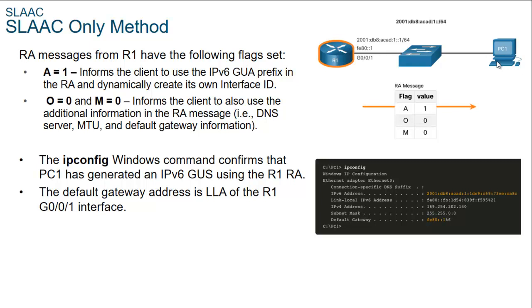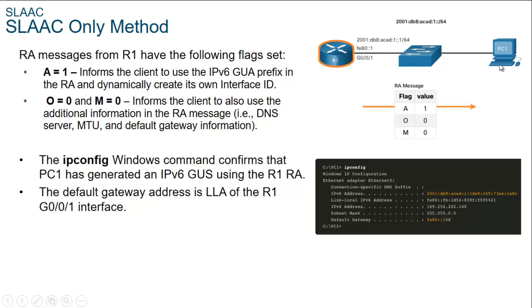The ipconfig Windows command confirms that PC1 has generated an IPv6 GUA using the R1 RA, or the router advertisement messages from R1. The default gateway address is the link-local address of the R1 G0/0/1 interface. So once PC1 enters the network, R1 would send an RA to PC1, and that RA would have the flag A set to 1 and all the other flags set to 0.